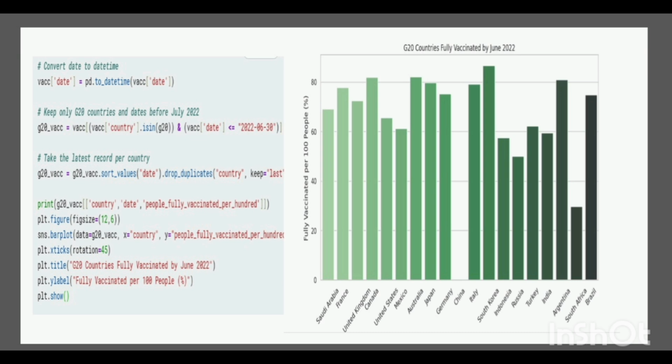Testing capacity was far stronger in high income nations compared to the developing world. Government stringency fluctuated with waves, reflecting the balance between public health and economy. Even within the G20, there were large differences in vaccination progress.